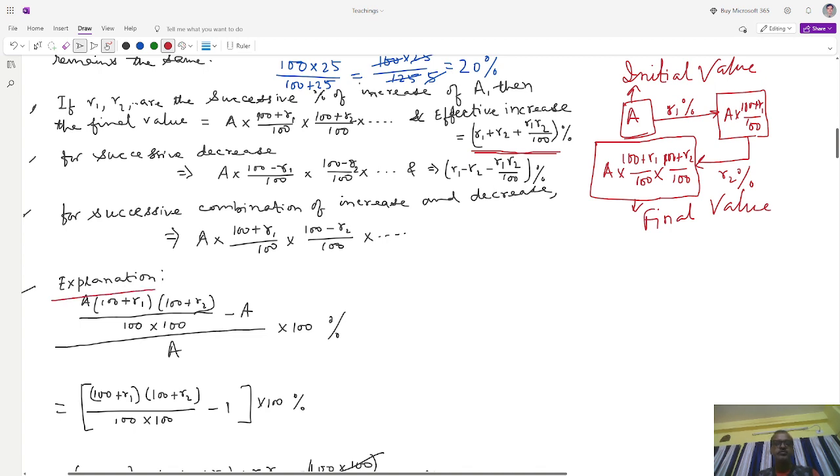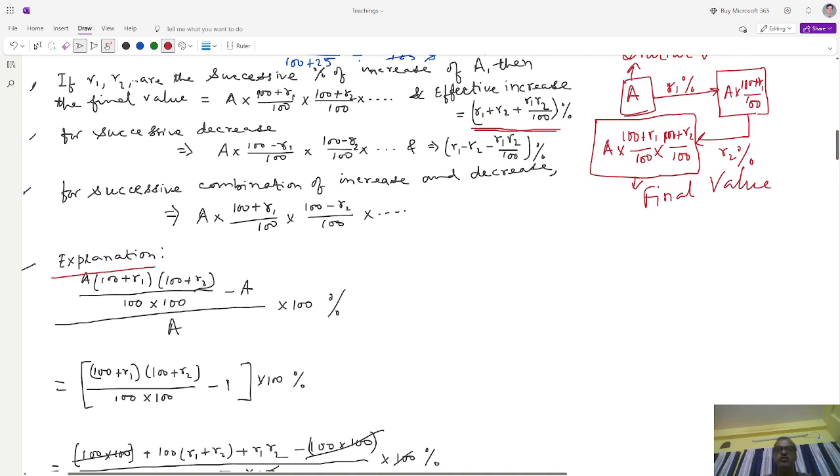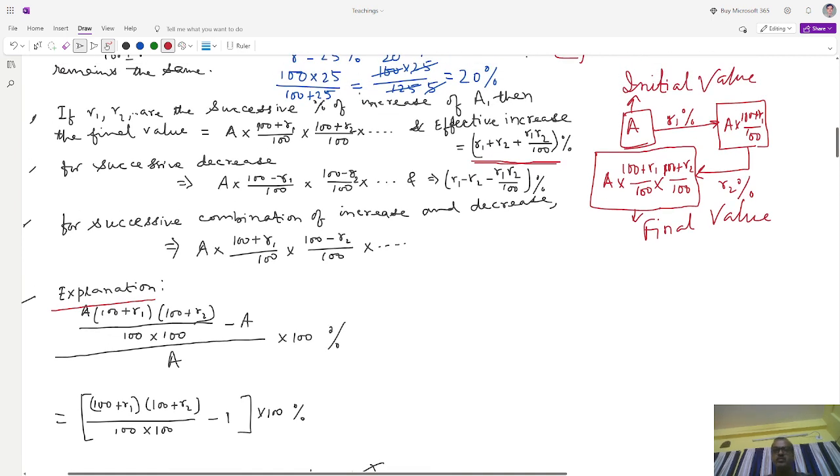So, what is the change between the final value and the initial value? This is the final value, and this is the initial value. If we subtract it from this, then we will get the change of the value. Okay, this is very easy.